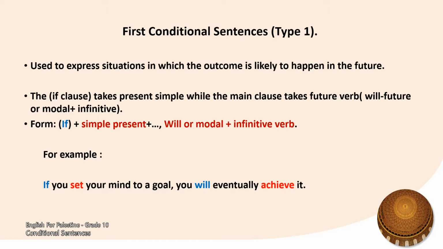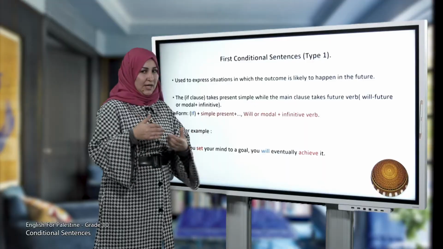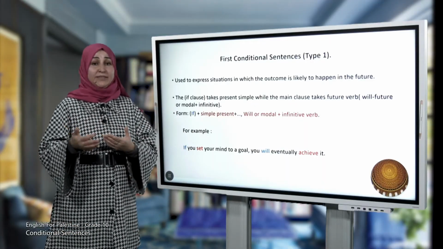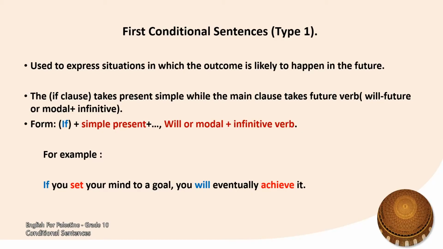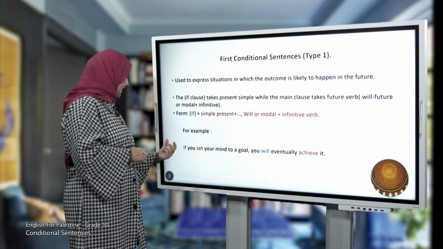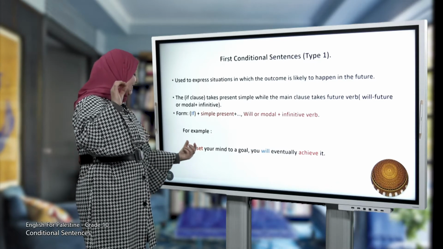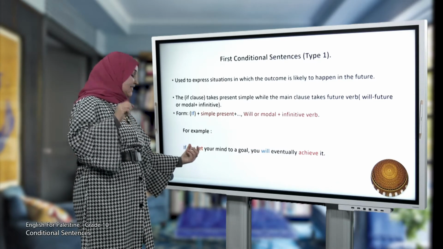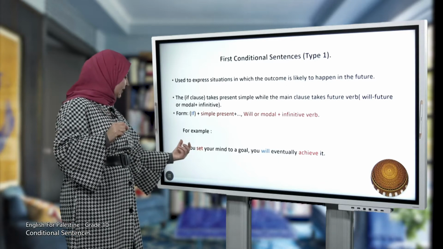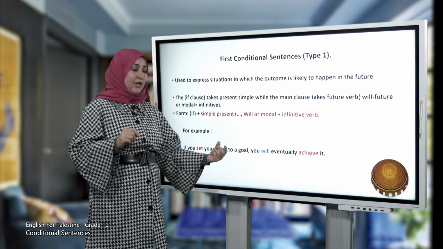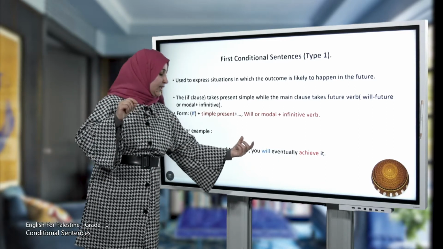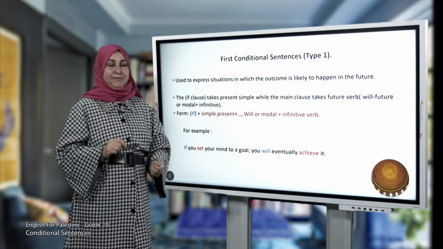The second clause will or modal, any other modal, such as can, may, plus verb infinitive. For example, if you set your mind to a goal, you will eventually achieve it. Again, if you set, notice that the verb set is simple present, your mind to a goal, you will eventually achieve it.